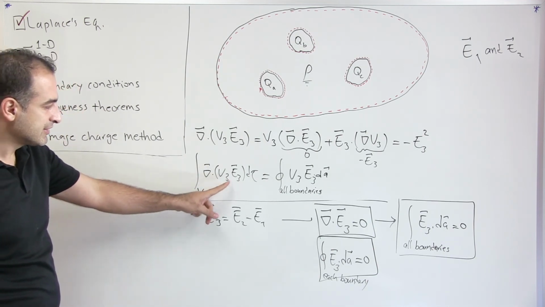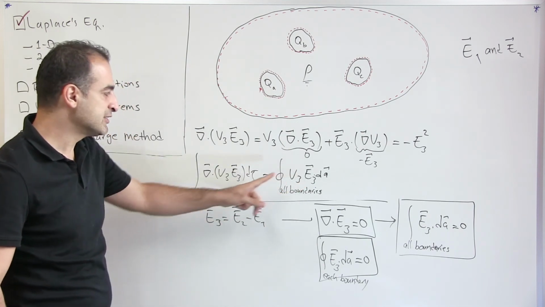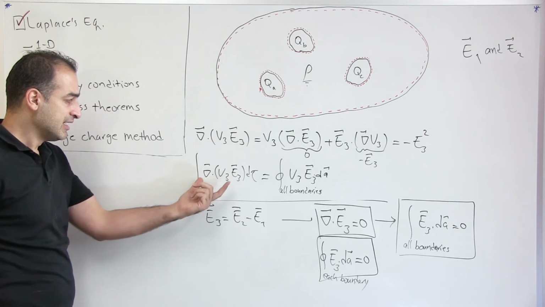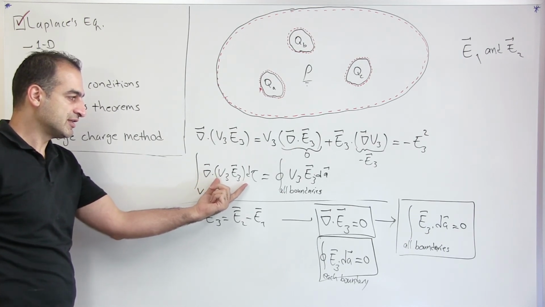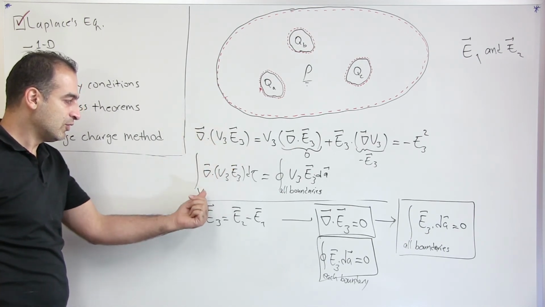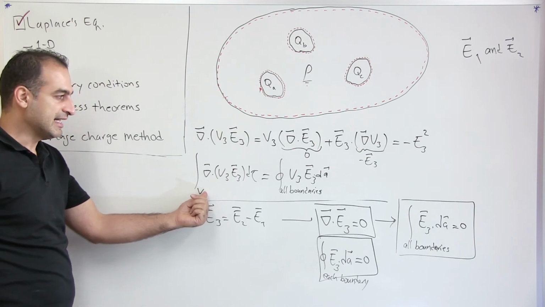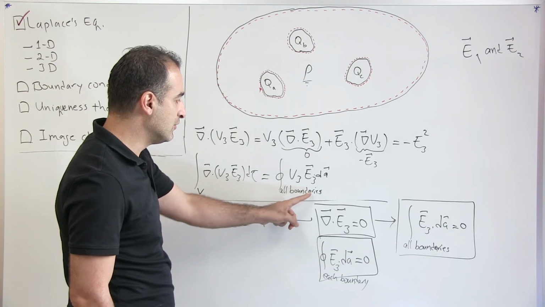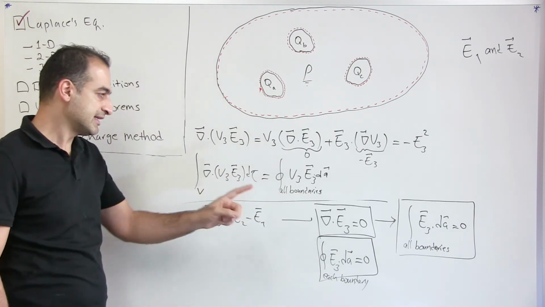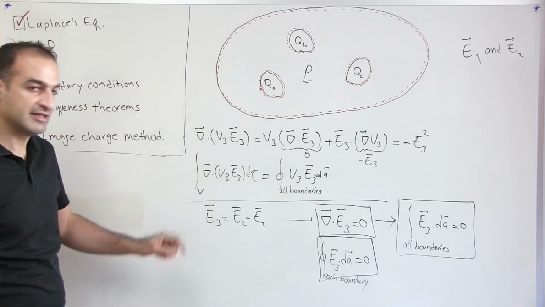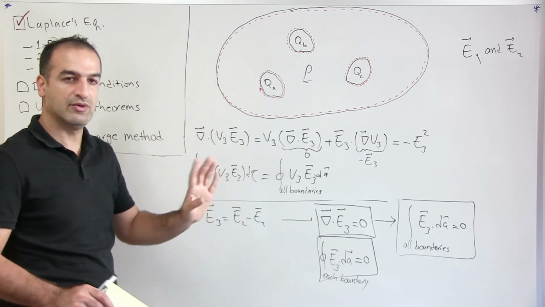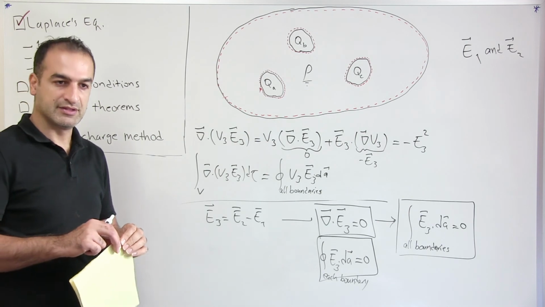From the first integral to the second integral, I am just using the divergence rule. It's a completely mathematical step. We have the divergence of this function, we're integrating over the whole volume, and that should be equal to the function itself integrated over all the boundaries. The second one is a surface integral, the first one is a volume integral. So from this step to this step is only the divergence rule.